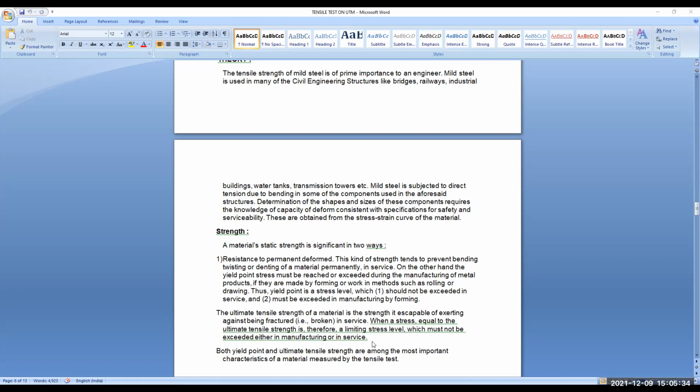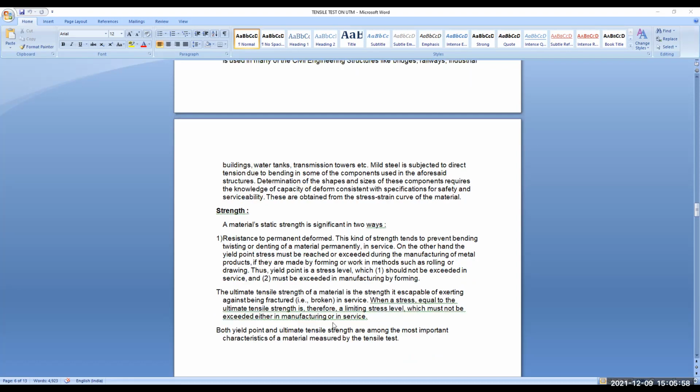Ultimate is the maximum stress a material can bear, beyond which it will break or fracture in service. So it should not be loaded up to that, because it will then tear and break the whole structure. That is the limiting stress which must in no way be exceeded after manufacturing and in service.